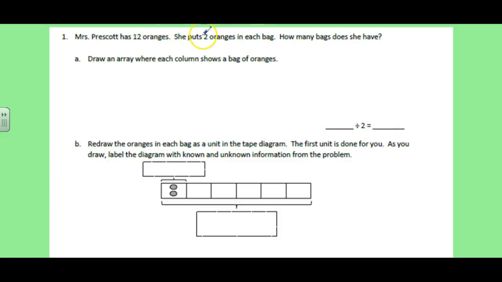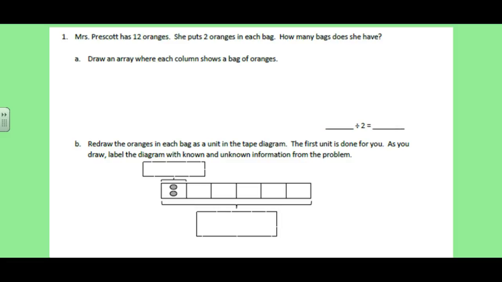It says she puts 2 oranges in each bag. So you have to ask yourself, do you know how many groups that Mrs. Prescott has, or do you know how many is going to go in each group? So if she puts 2 oranges in each bag, that tells us that there's going to be 2 oranges in a group, and the question is asking how many bags does she have, so we don't know how many groups she's going to have.